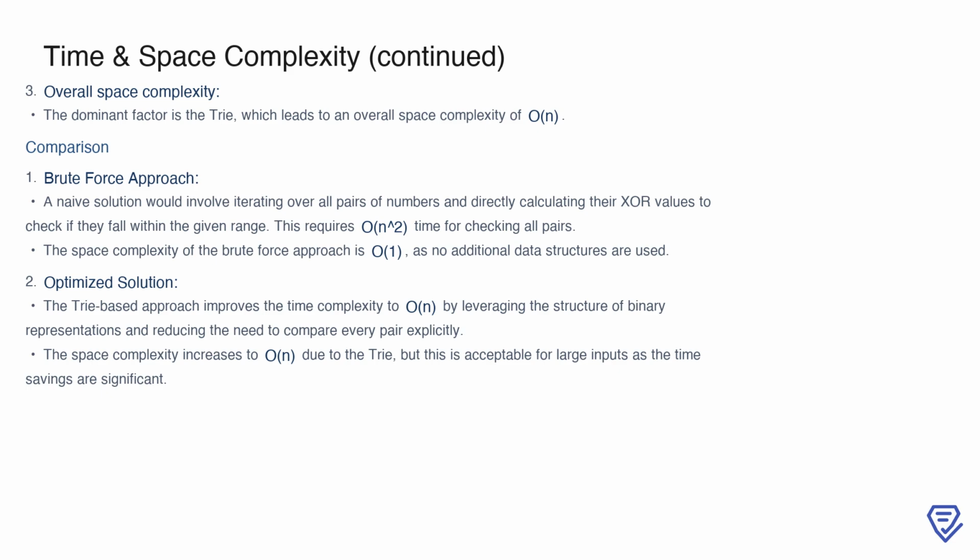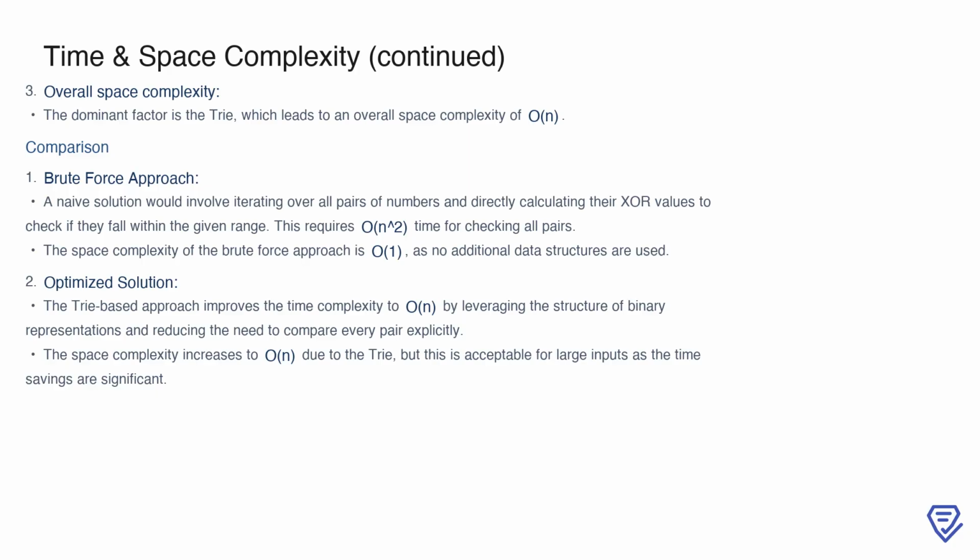Comparing this optimized tree-based approach to a brute force method is insightful. The naive solution involves iterating over all pairs of numbers and calculating their XOR values to check if they fall within the given range. This would require n² time, as we would examine every possible pair.